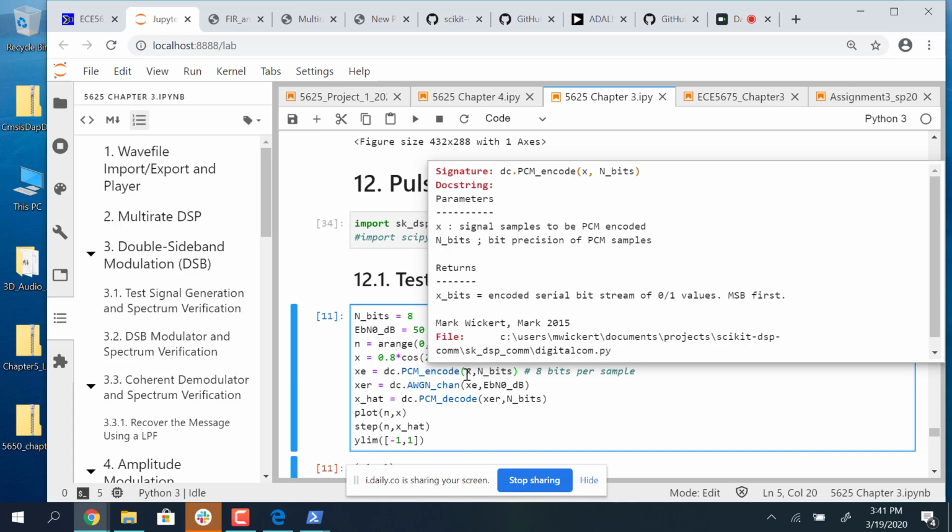So it's taking numbers in the array X, which are double precision floats, and it's going to quantize those into signed integer representation, and then serialize those bits that correspond to however many bits per sample, and that's what gets returned out of the function. I think that should make sense.